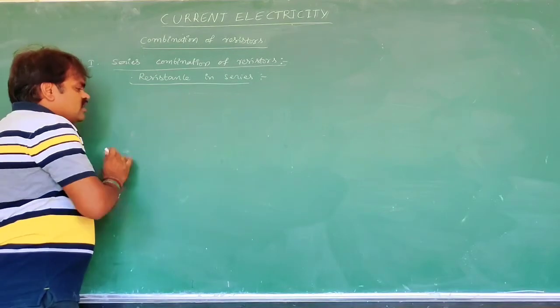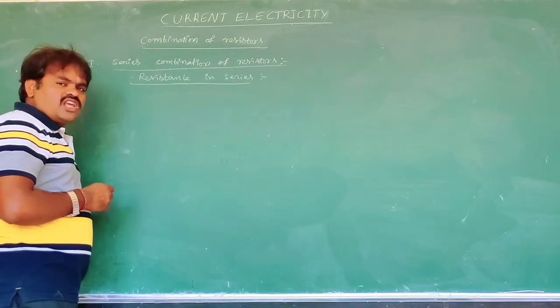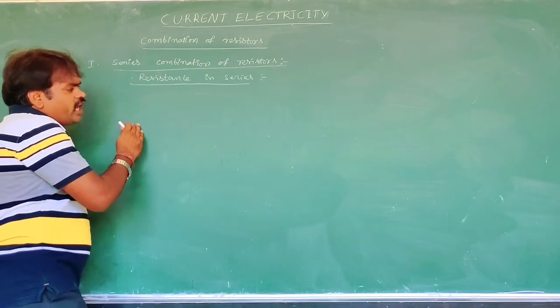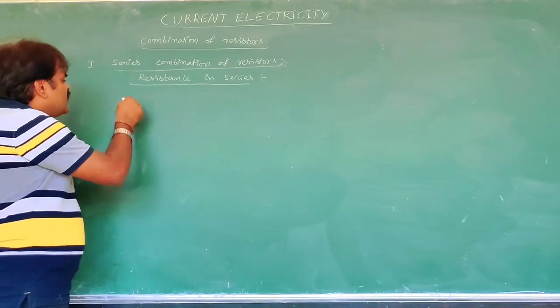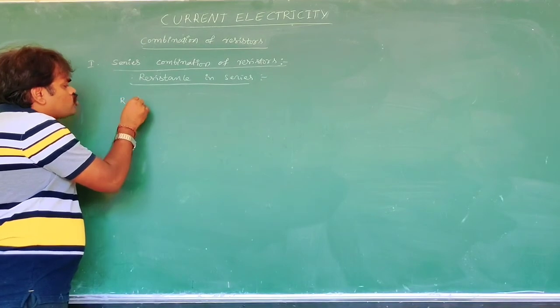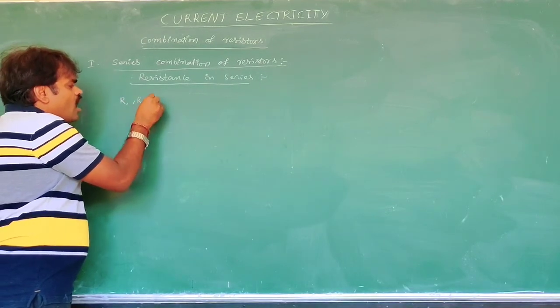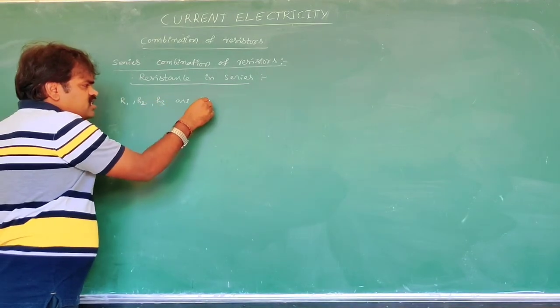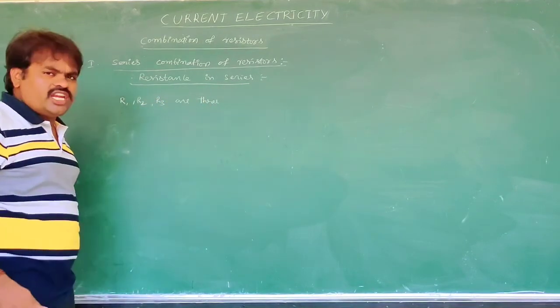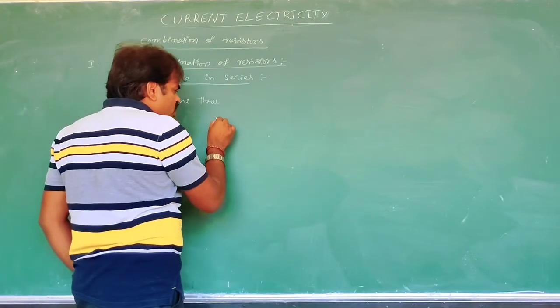Here the resistors are connected end on end. Let R1, R2, R3, the three resistors, be connected in series as shown in the figure.